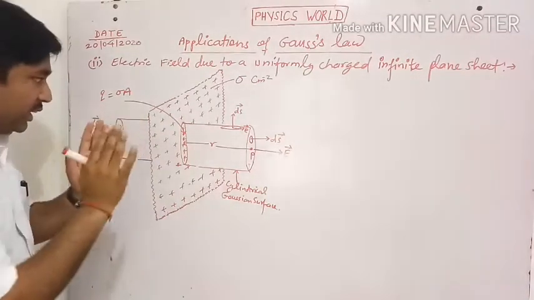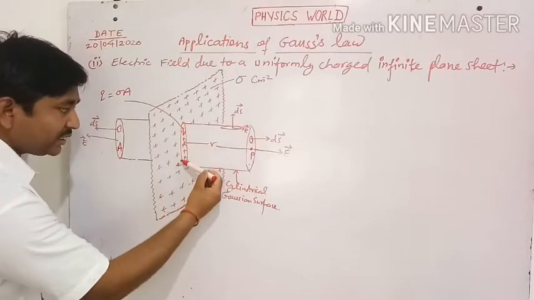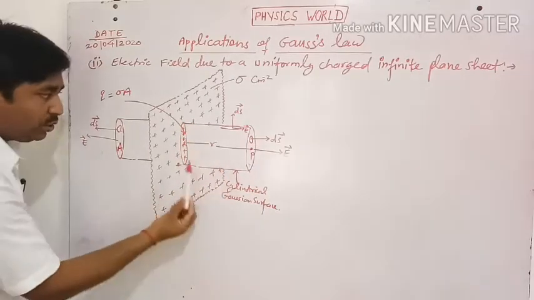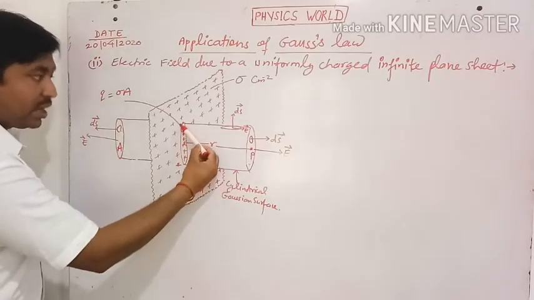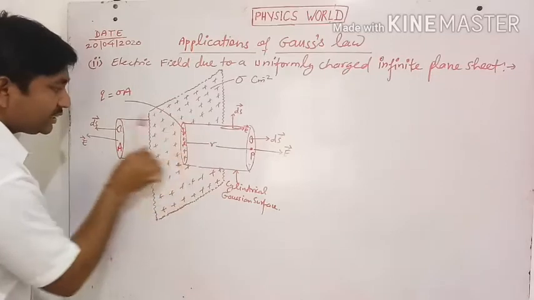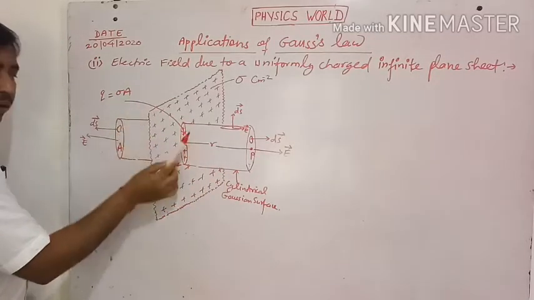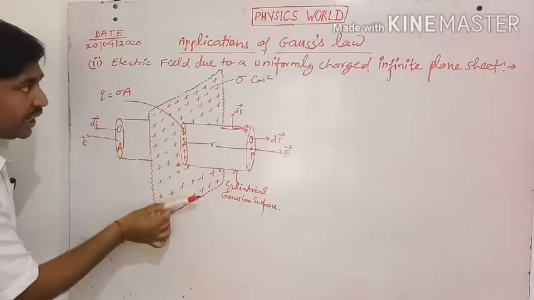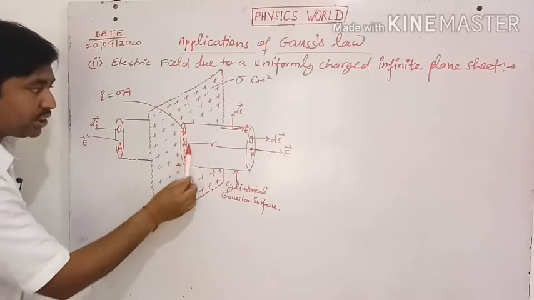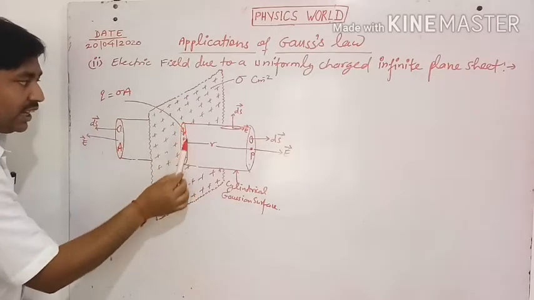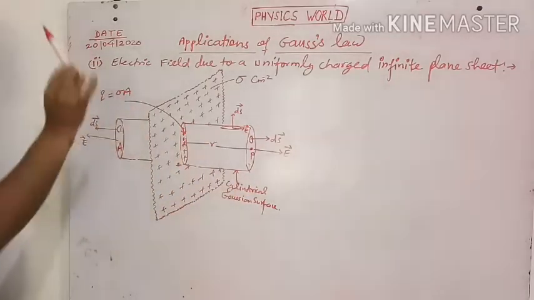If we consider a similar cross-sectional area at the thin plane sheet, then the total charge enclosed by this Gaussian surface will be equal to sigma dot A, because the uniform surface charge density of this plane sheet is sigma and the area which encloses the charge is A. So the total charge enclosed by this Gaussian surface will be equal to sigma A.